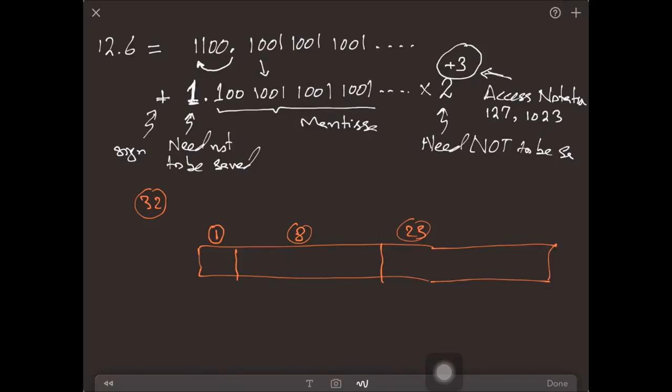The sign is positive, so we put a 0 over here.